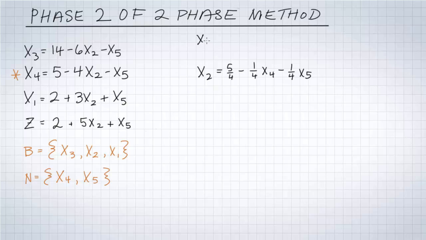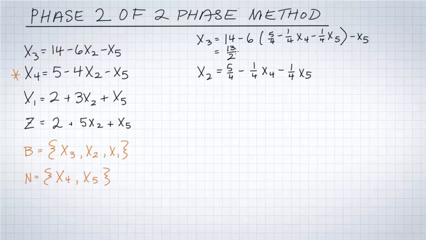So x3 is equal to 14 minus 6 times that, and we do a little calculation. x3 is equal to 14 minus 30/4. 4 times 14 is 56, 56 minus 30 is 26, so we have 26/4.